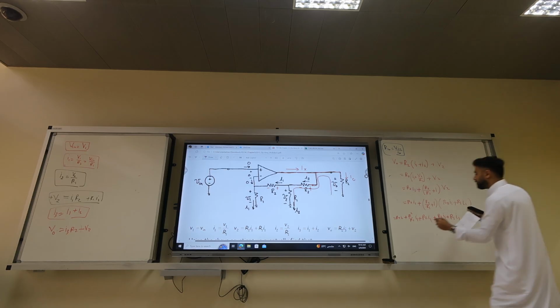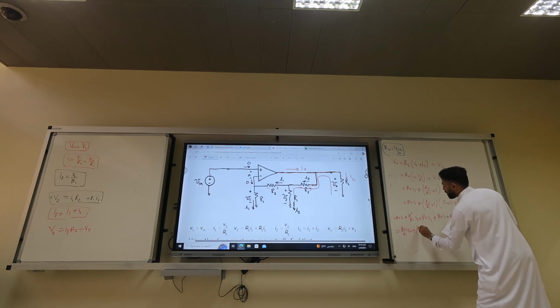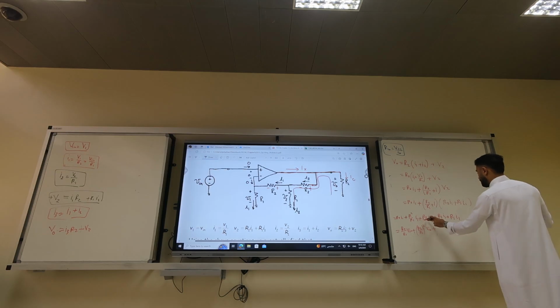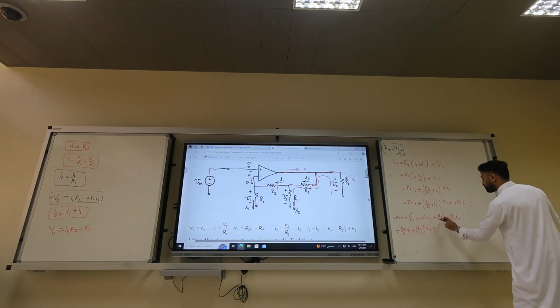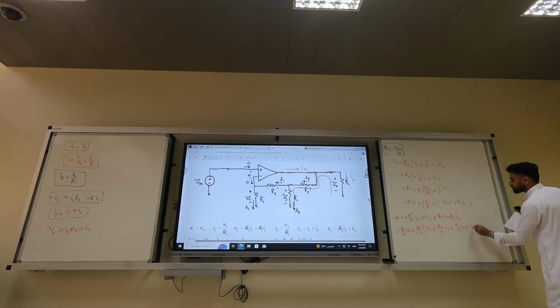And now, every I1 I should replace with V input over R1. So this will be R2 over R1 V input plus R2 over R1 squared times V input plus R2 over R1 V input plus R2 over R1 V input plus, since this is R1, V input alone.